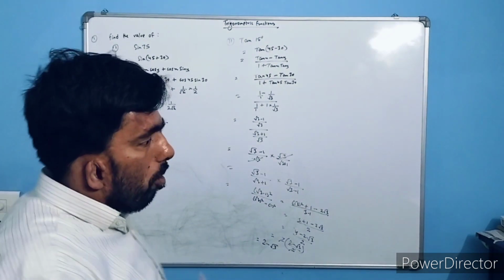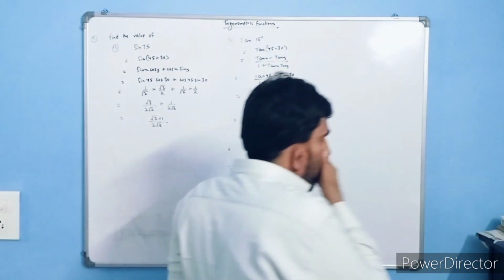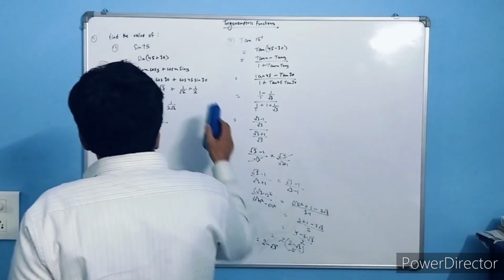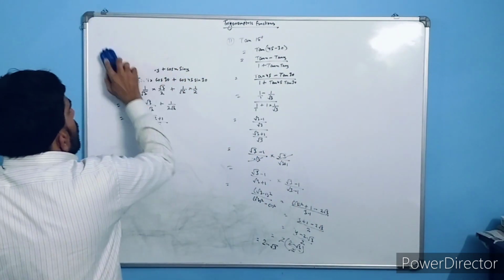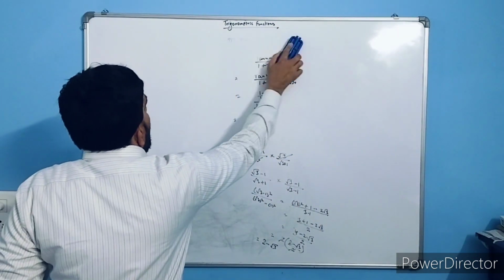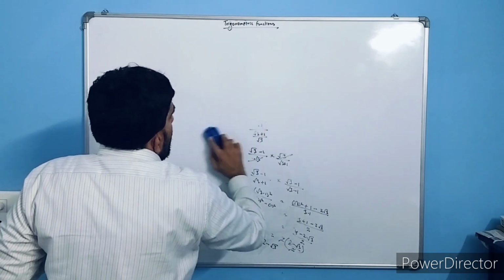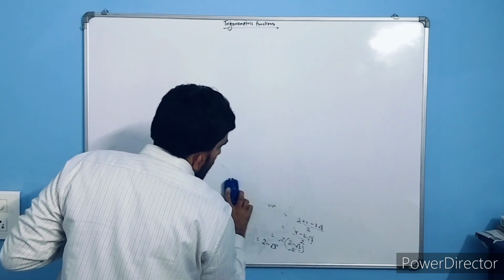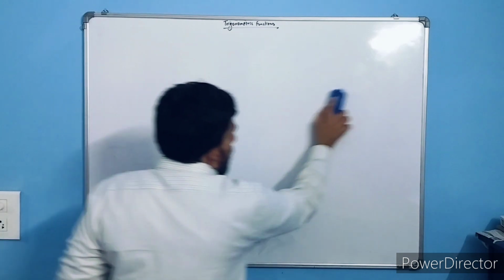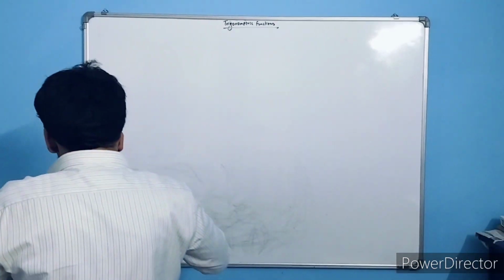Now we'll try to solve more numericals. Now my next question is the one which I have now. Let us see how we'll apply formulas and the values in this. This chapter is the most important.